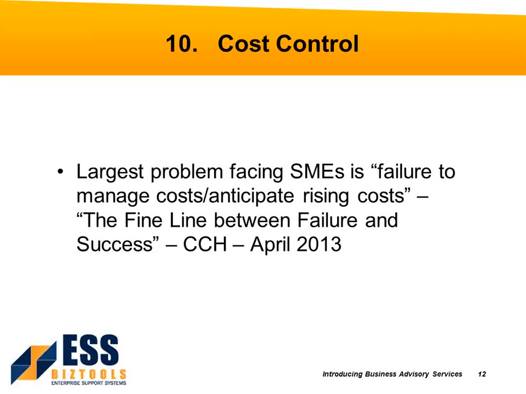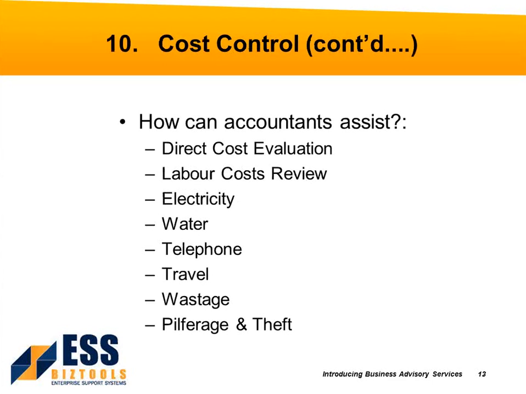It was in a report called The Fine Line Between Failure and Success. Now, I've been reading these types of surveys that MYOB, universities, FMRC, Smith Inc. produce, and over the last 25 years I cannot recall any previously that have had such a high concern about management of costs. So obviously this is part and parcel of what's happening out there in the business community at present.